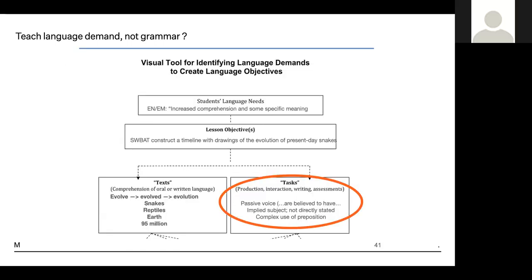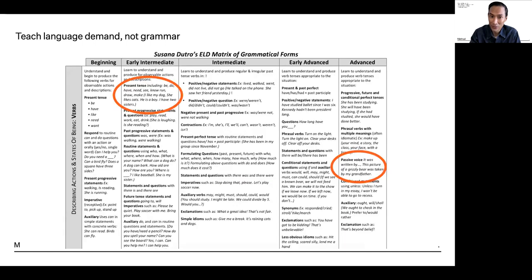Let's see, I circled these and put passive voice because that's one of the hardest lessons to teach an L. And the reason why is because the passive voice happens at more of an advanced level if you look at the matrix of grammatical forms.